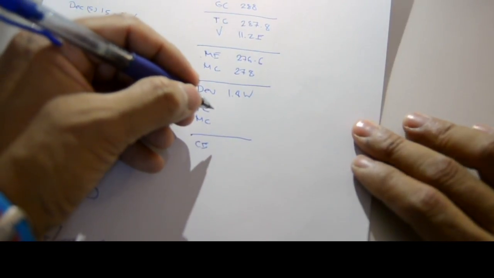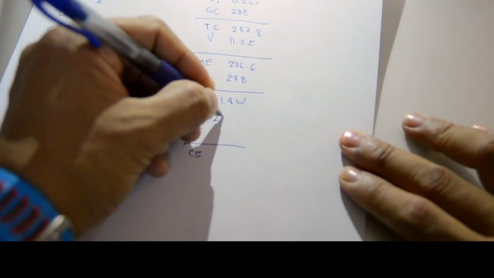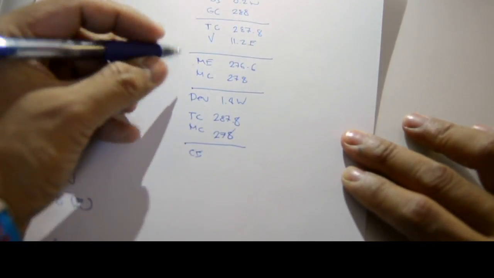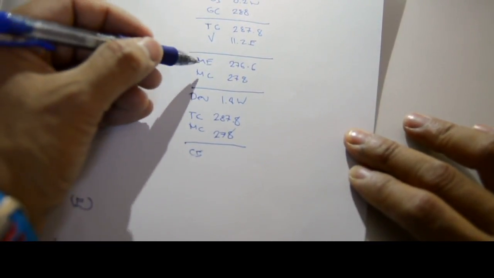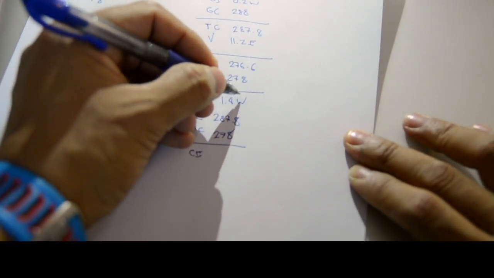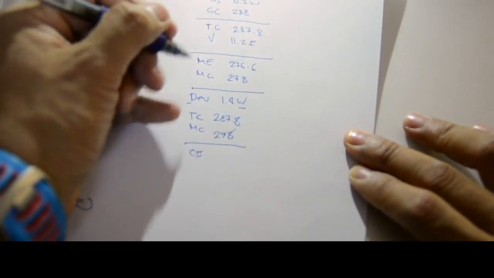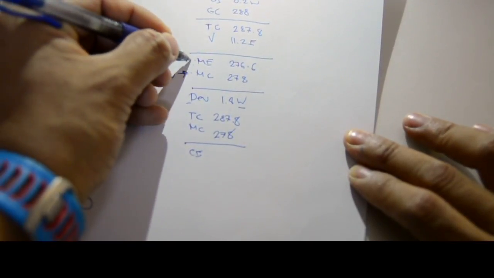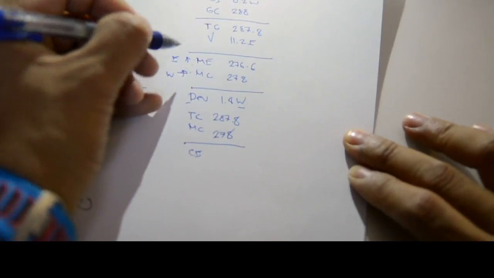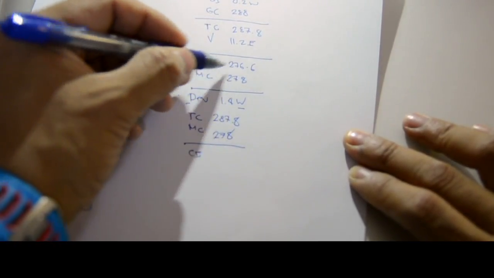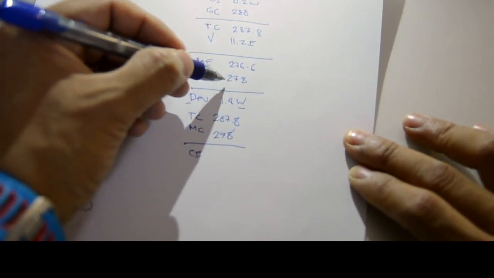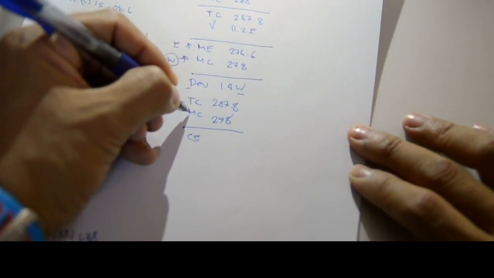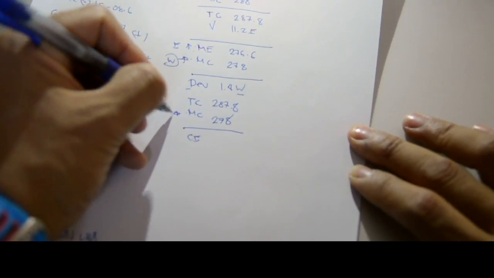True course minus magnetic compass equals compass error. Your true course is 287.8, magnetic compass is 278. If the magnetic compass is greater, west.